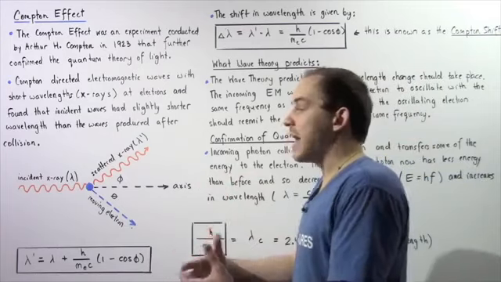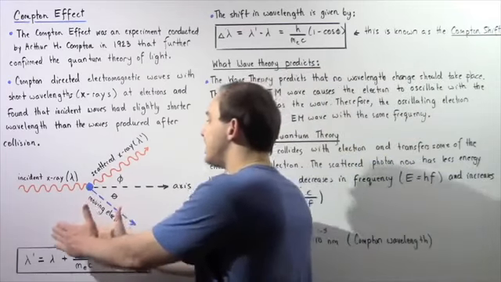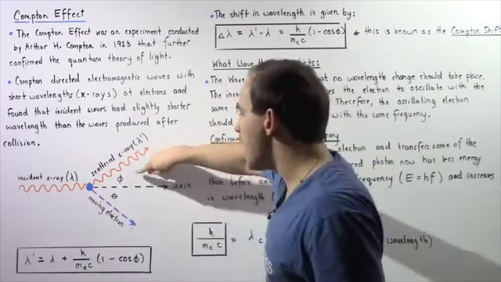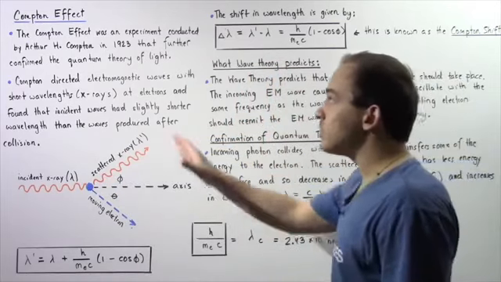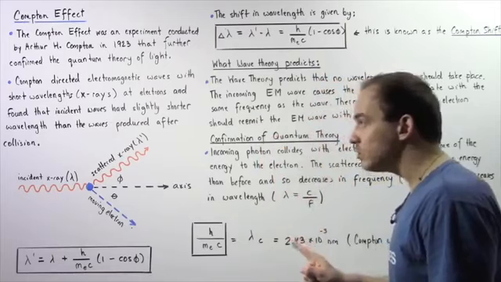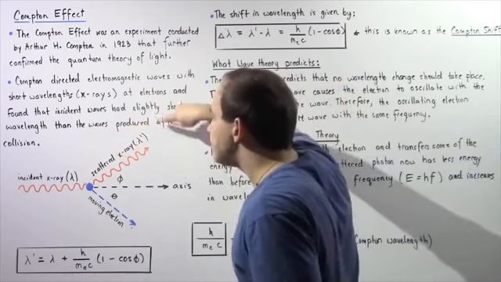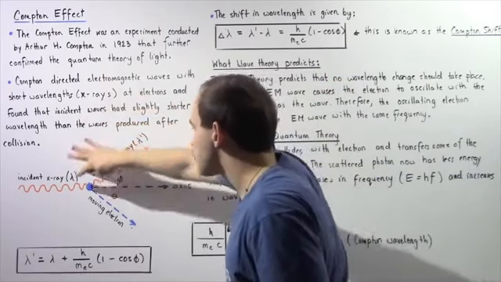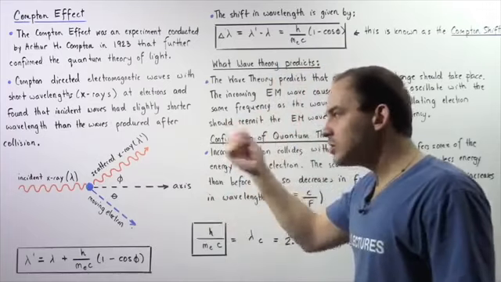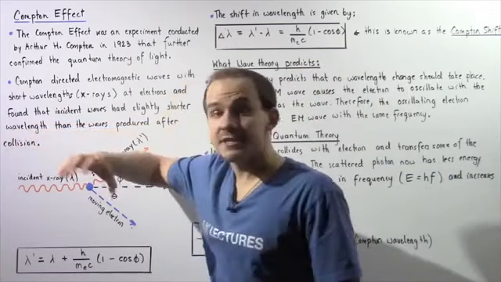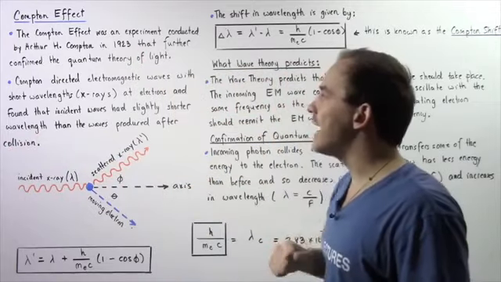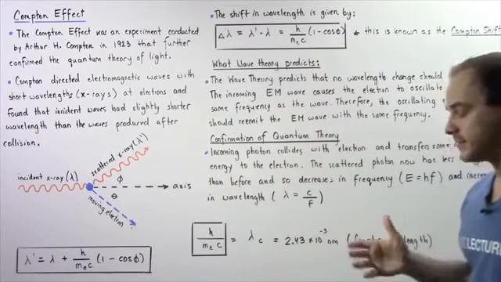The rest of that X-ray is scattered at an angle phi with respect to the horizontal axis. And what Arthur H. Compton found was that the wavelength of the scattered X-ray was slightly larger than the wavelength of the incident X-ray, and this effect became known as the Compton effect.